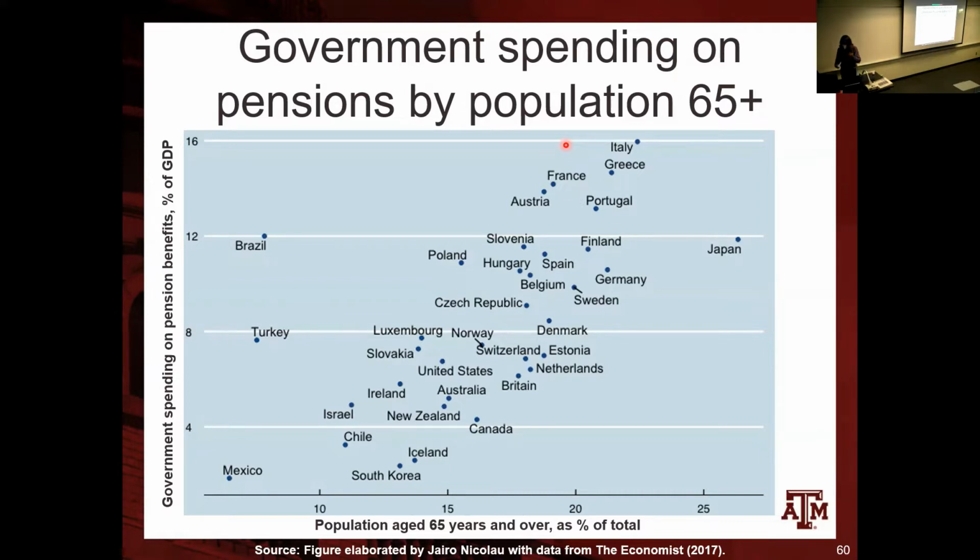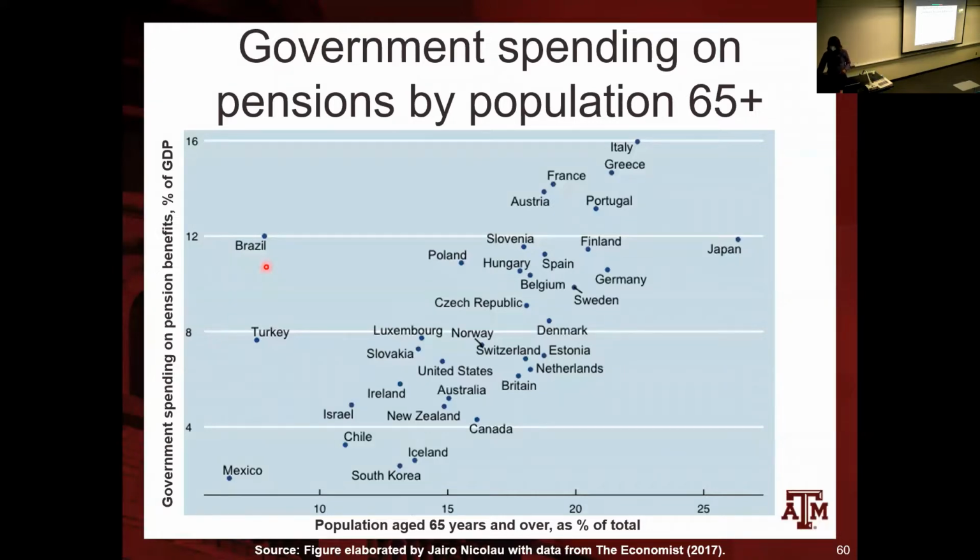Brazil has only around 5% of the population by 2017 with at least 65 years of age, and they are already spending 12% of their GDP on pension benefits, the same 12% as Japan.